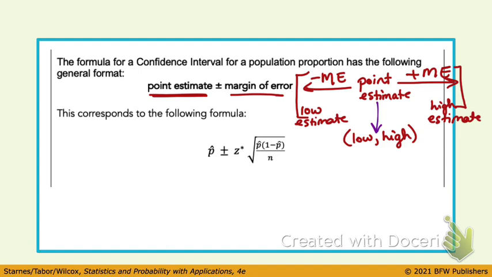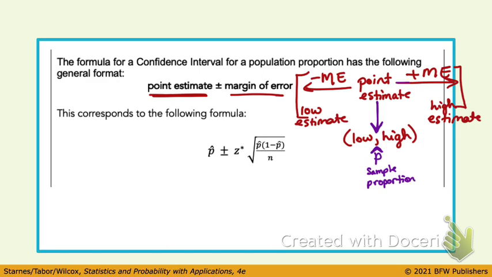Your point estimate is the direct middle of your interval. That is your p hat, your sample proportion. And your margin of error is made up of 2 things.